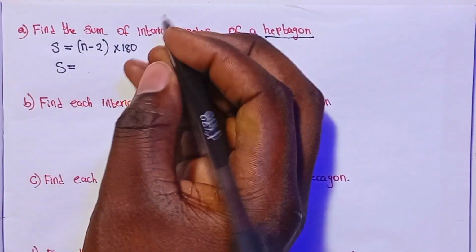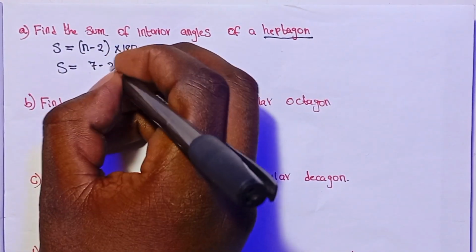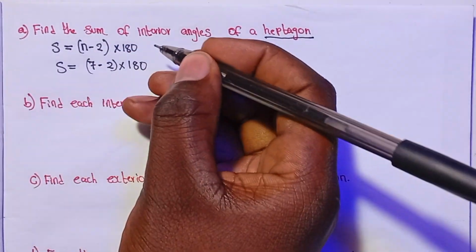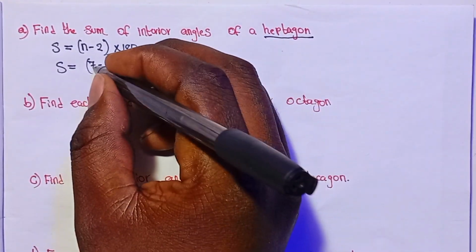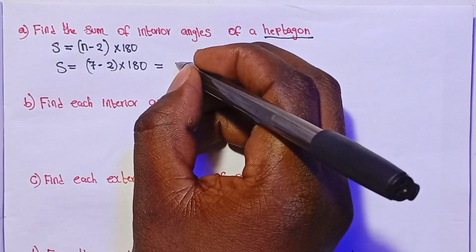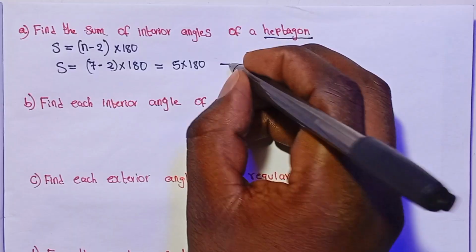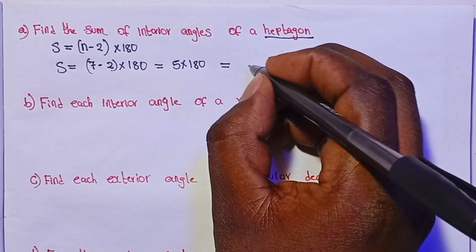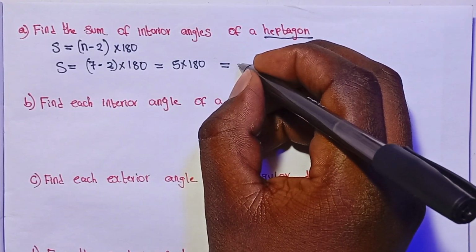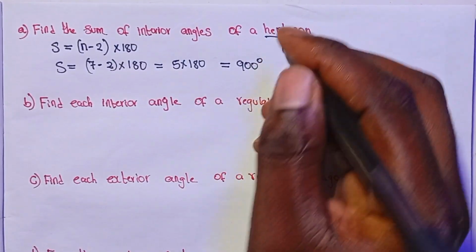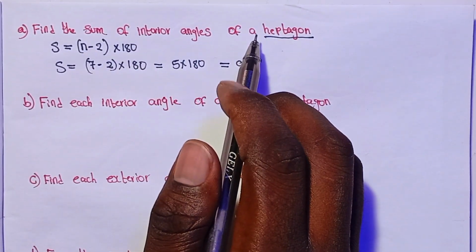The sum of the interior angles is given by 7 minus 2, times 180. 7 minus 2 is 5, times 180, which gives us 900 degrees. So that is the sum of interior angles.